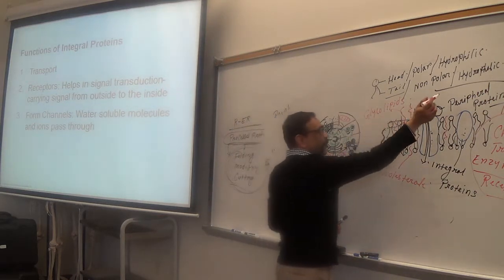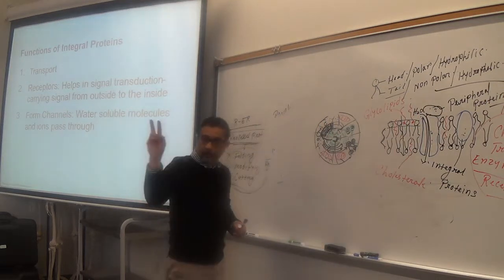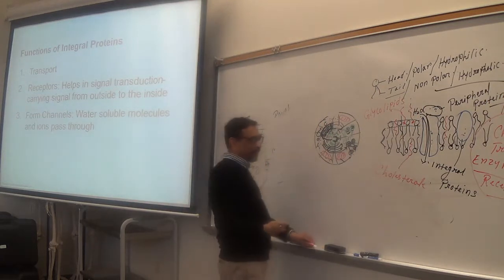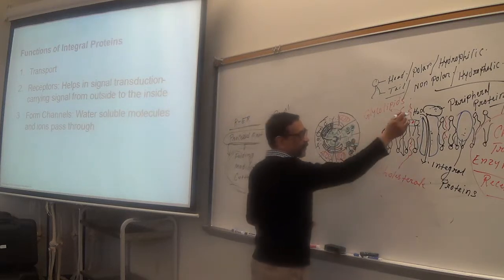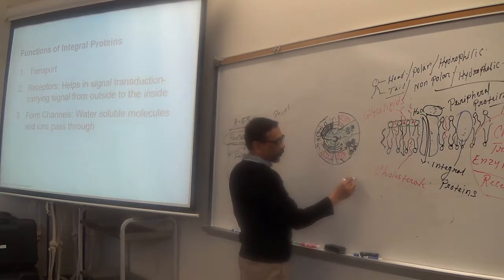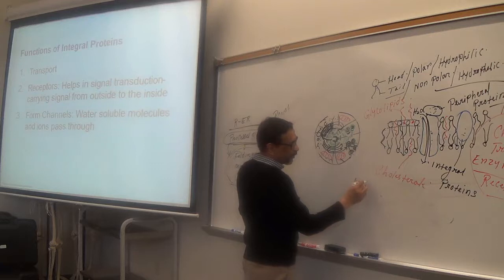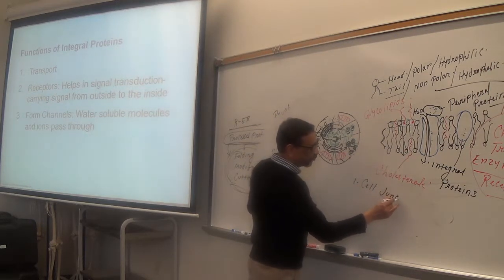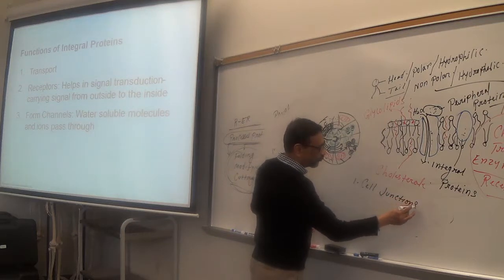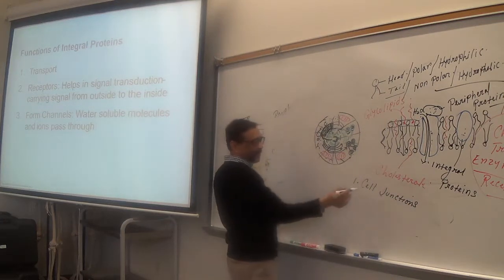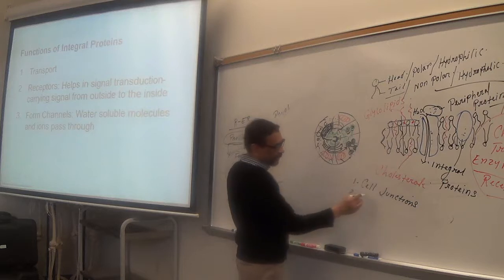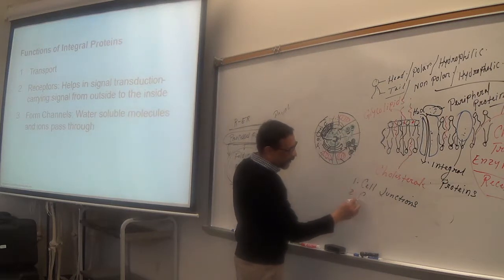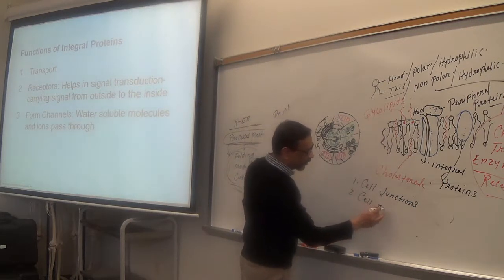Peripheral proteins perform two very important functions. Now I am talking about peripheral proteins. This one. Number one, cell junctions. We'll talk about this later. Another is cell recognition.